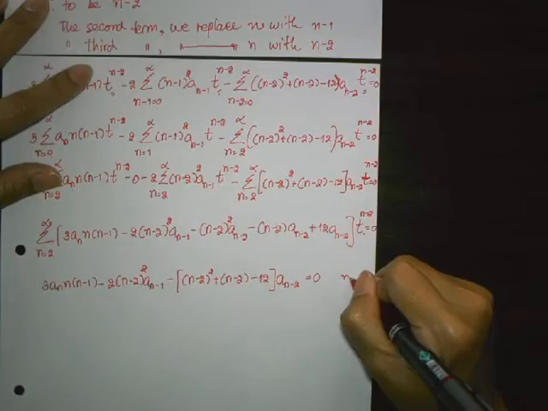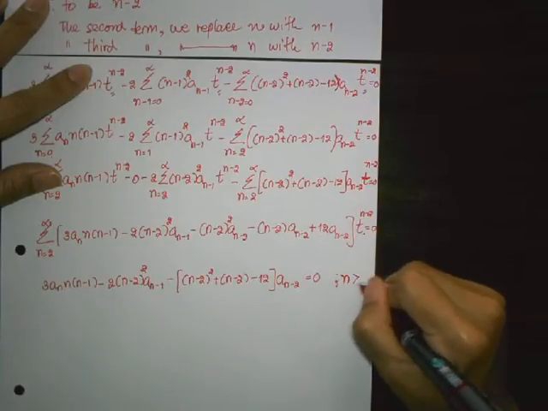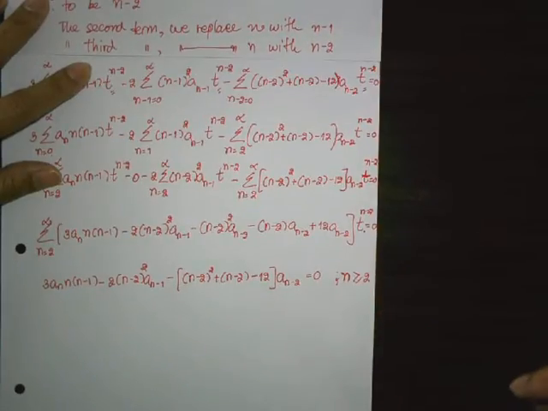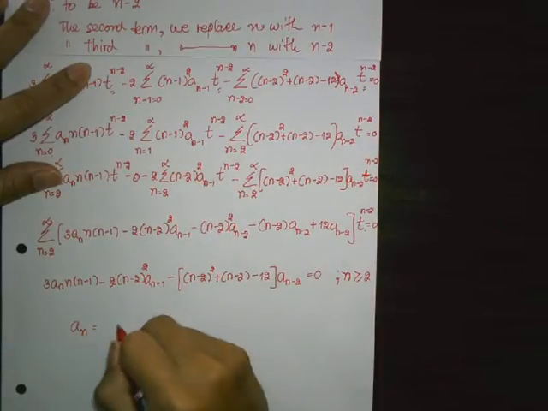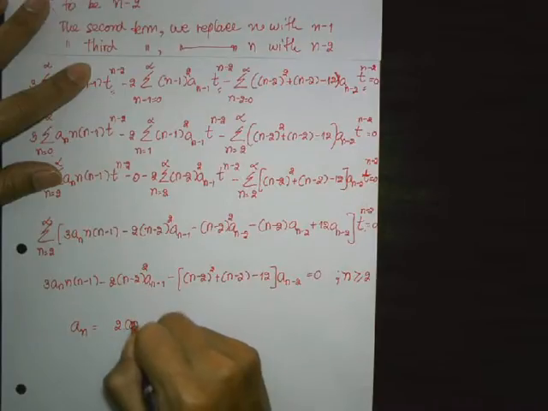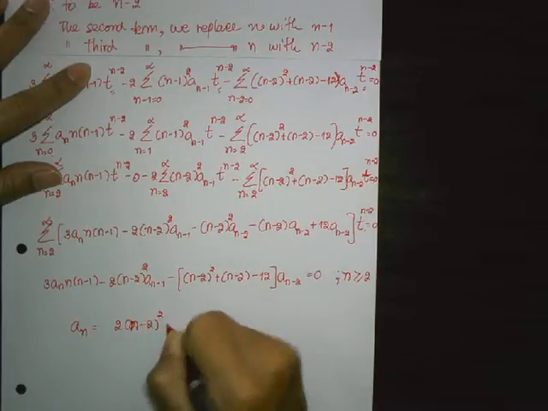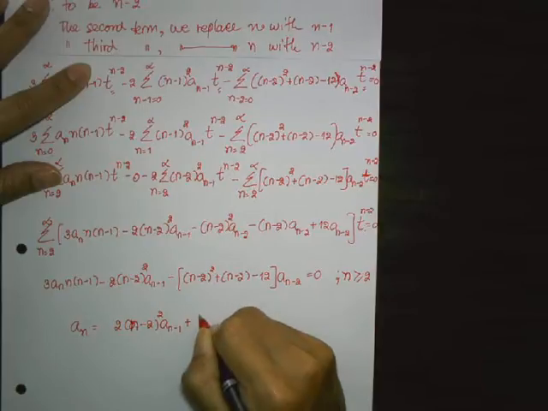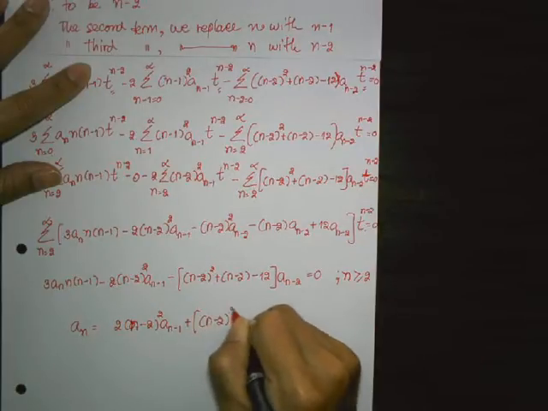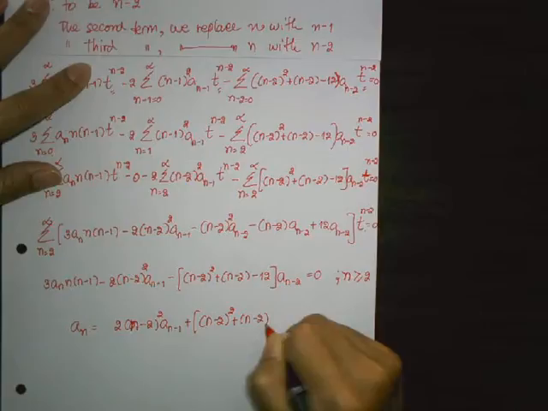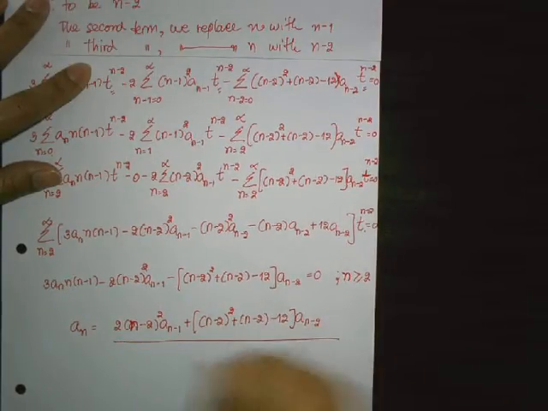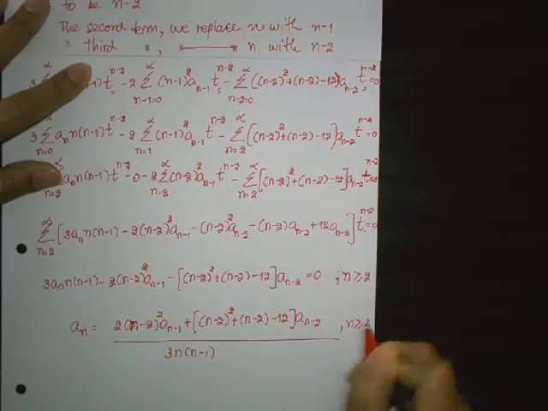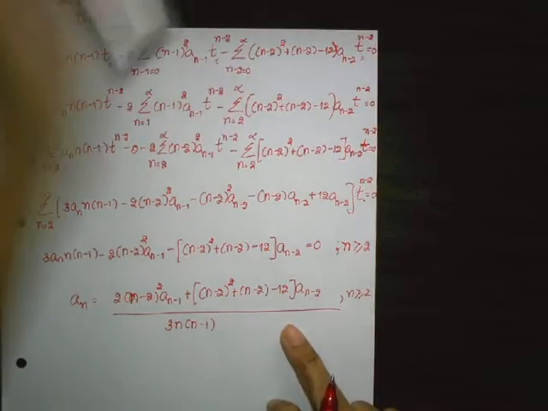This one, right, when n is equal to 2 or greater than 2. We rearrange it again and then we would get this, which is called the recurrence relation.